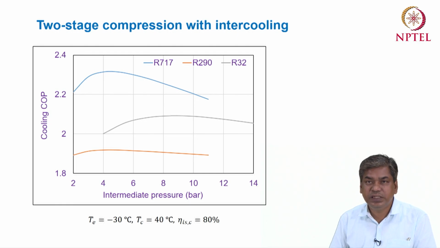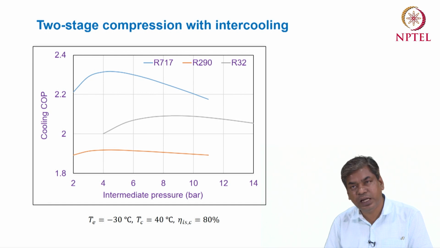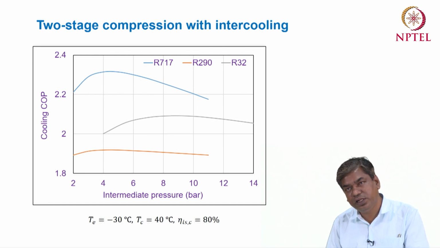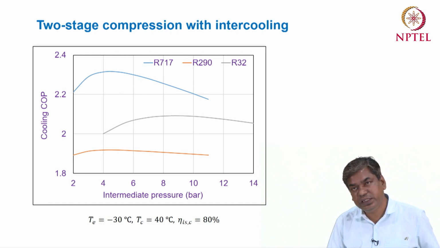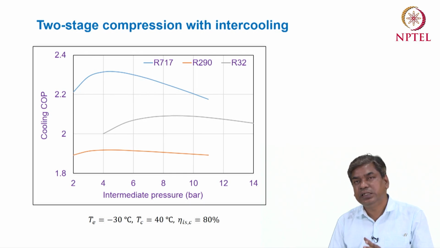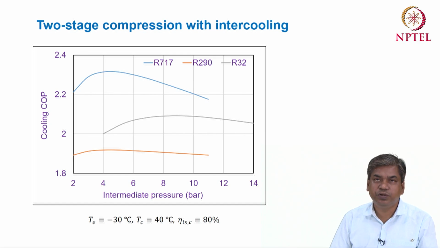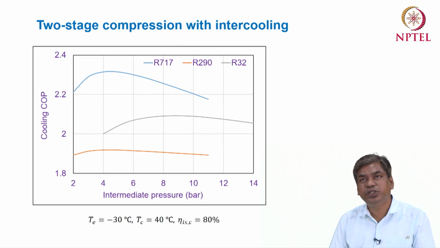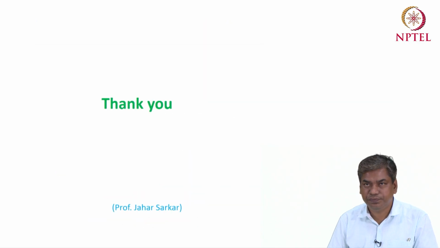This happens for all the refrigerants. So this analysis says that for every refrigerant there is some intermediate pressure which will give the maximum COP in case of two-stage compression with intercooling.